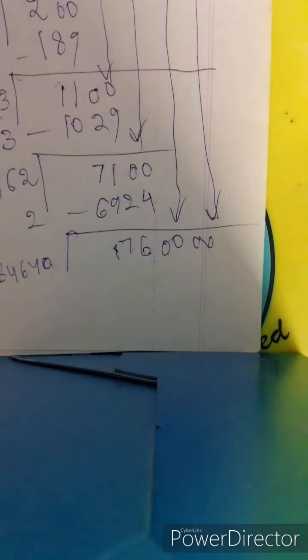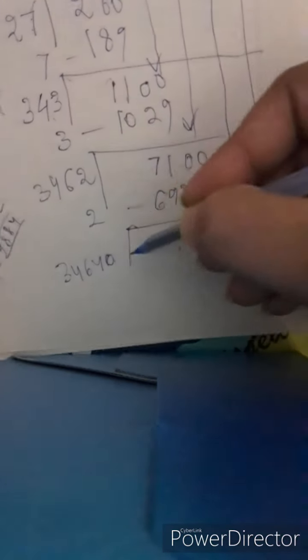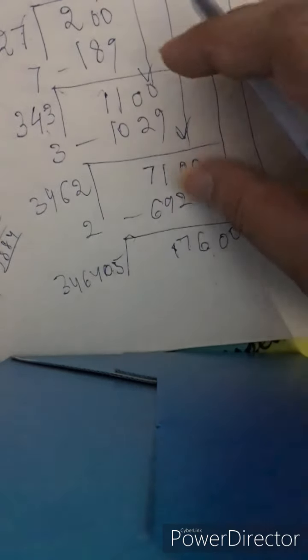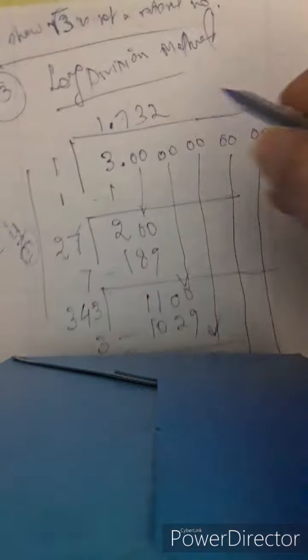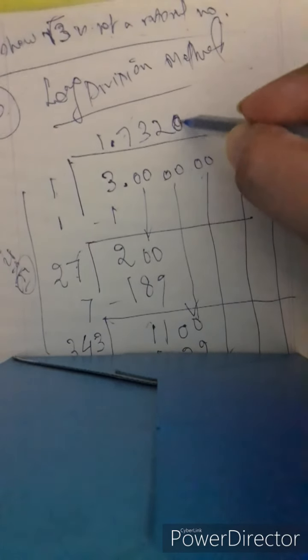Here the value becomes 1760000. Now we'll solve for this 34640. Suppose we do 5. Since this 0 was substituted here, here also a 0 will get substituted.